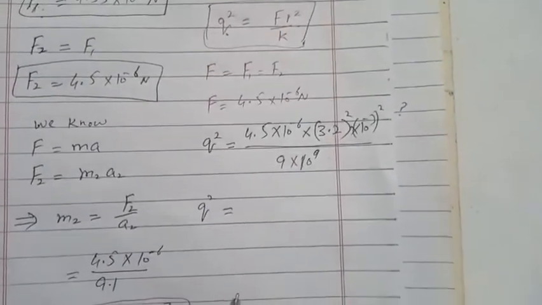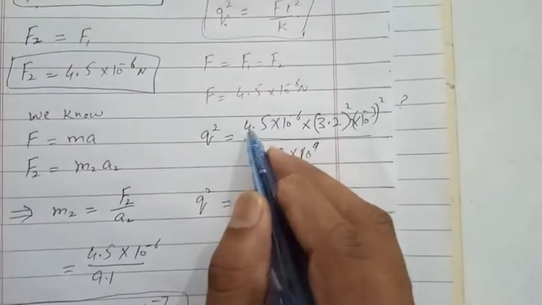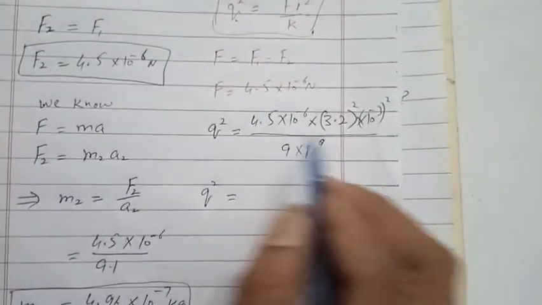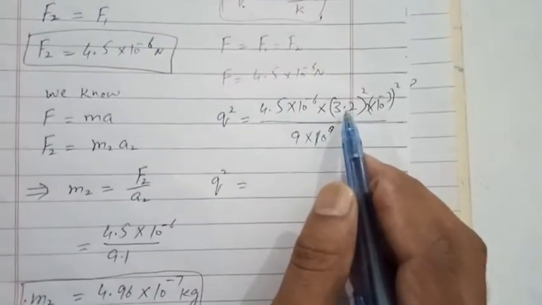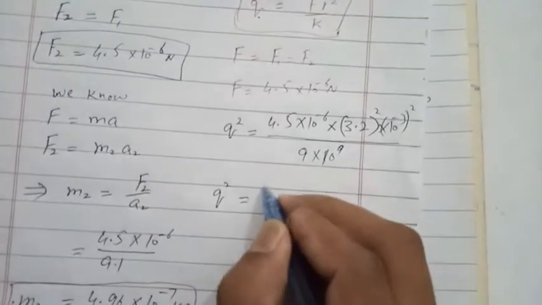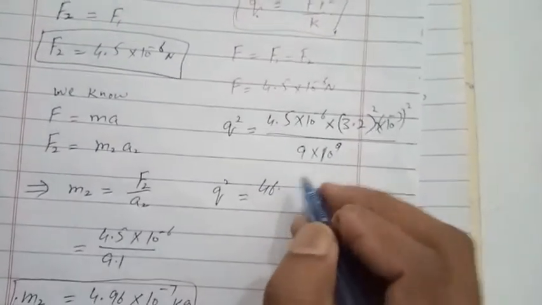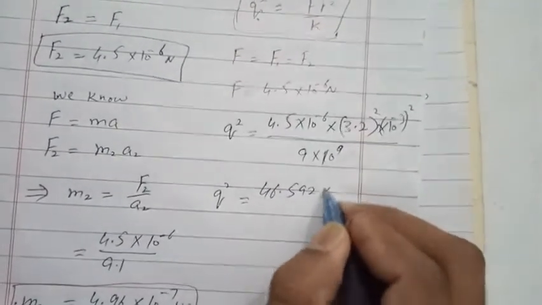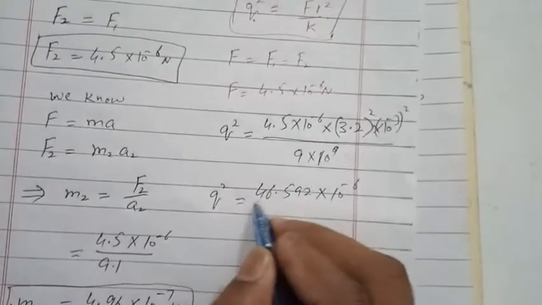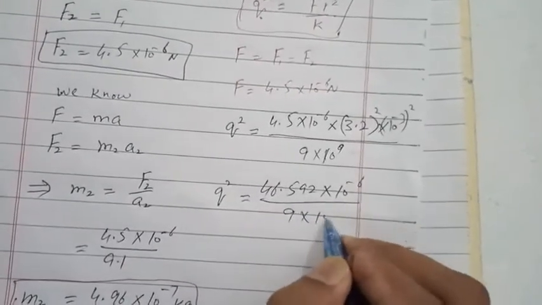So Q square is equal to, multiplying 4.5 with 3.2 square, the answer comes out to be 46.592 into 10 to minus 6 divided by 9 into 10 to 9.